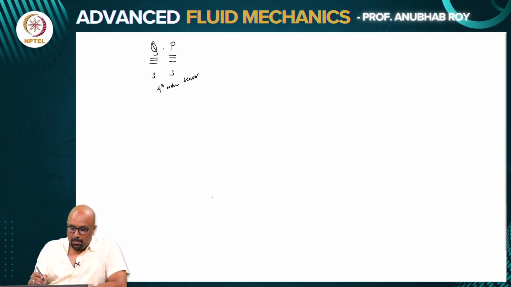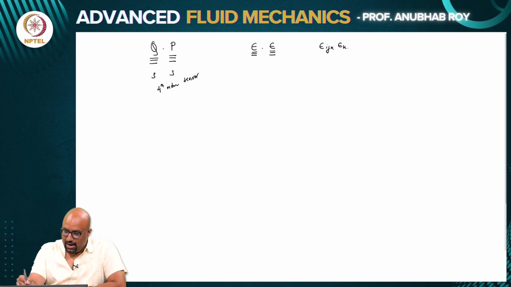Now, we have encountered an order 3 tensor, which is the Levi-Civita symbol or the permutation symbol. What would this object be? Let us try to see. In index notation this is epsilon_ijk epsilon_klm.